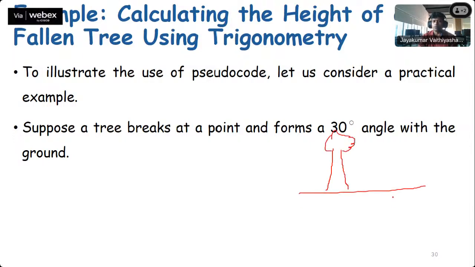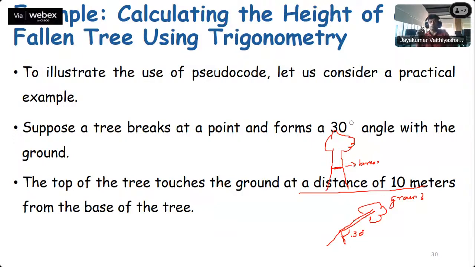This is your ground. Suppose the tree breaks at a point, and it forms a 30-degree angle with the ground.